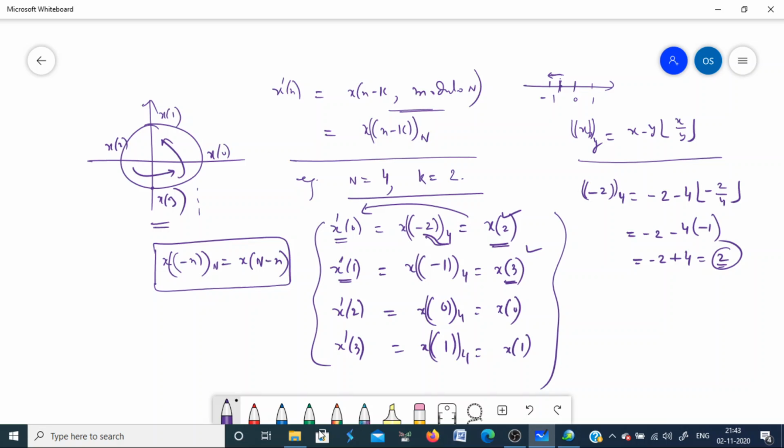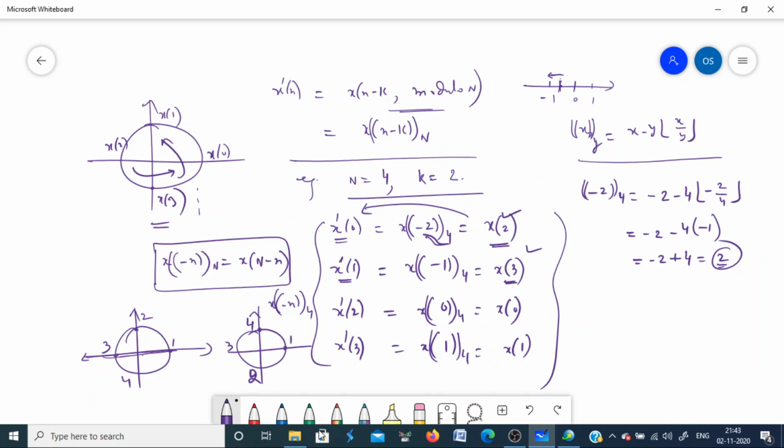If you circularly fold it, so folding means basically suppose I have sequence 1 2 3 4. If I fold it, I will get x of minus n modulo 4, and if you compute it, it is folded around this axis. It means these 2 points will remain as it is, 1 and 3. This 2 will be here and this 4 will go here. Okay, this is what is circular folding.